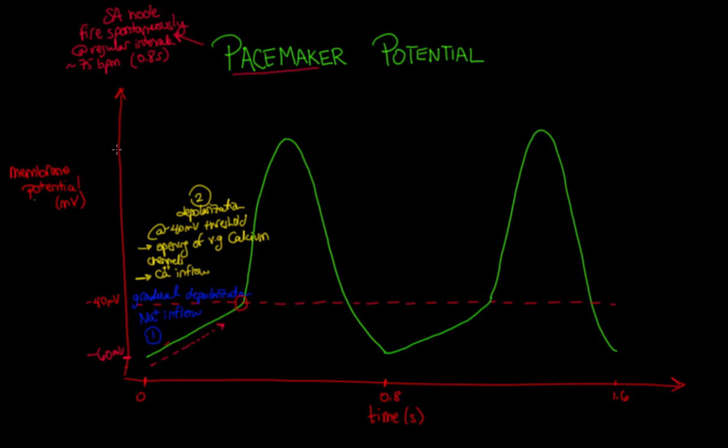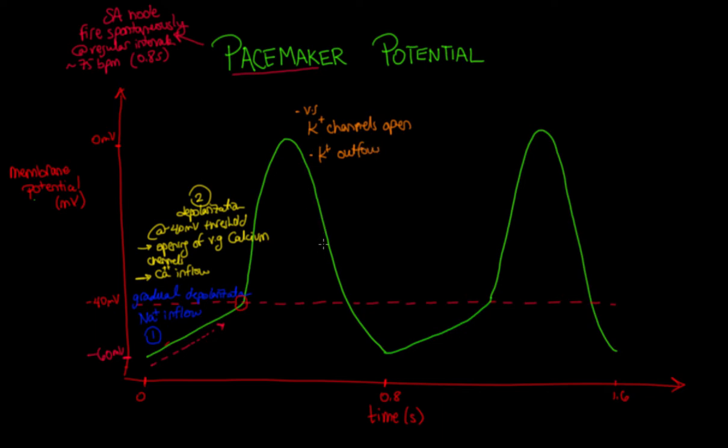This is phase 2 of your pacemaker potential, and it keeps going until we reach around 0 millivolts. At around 0, our voltage-gated potassium channels start to open, and what results is potassium outflow.